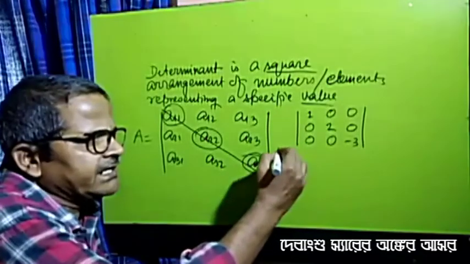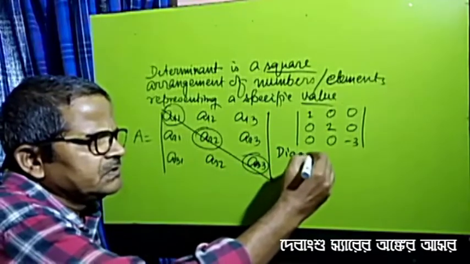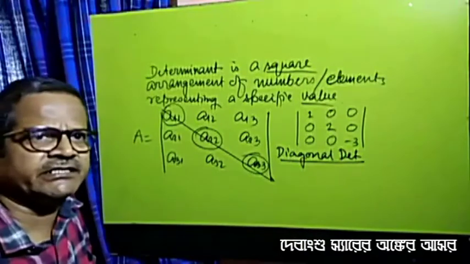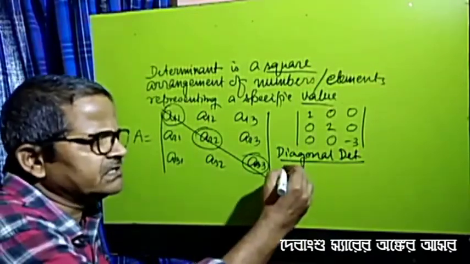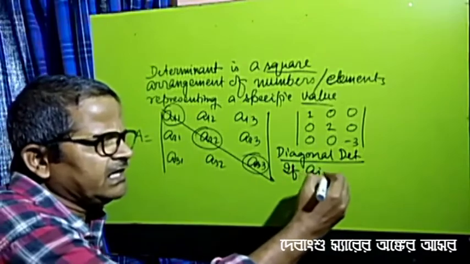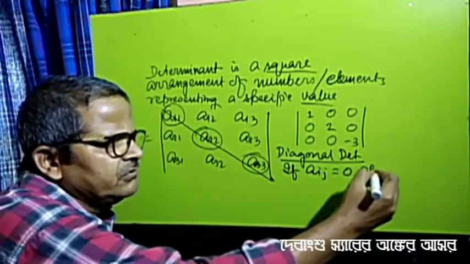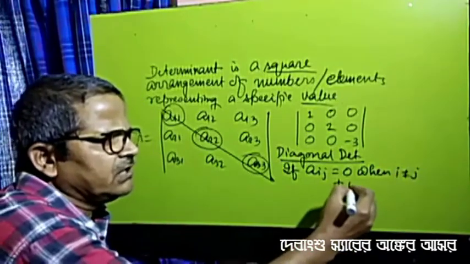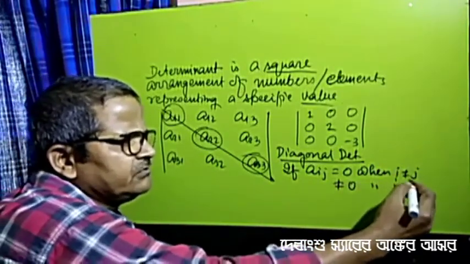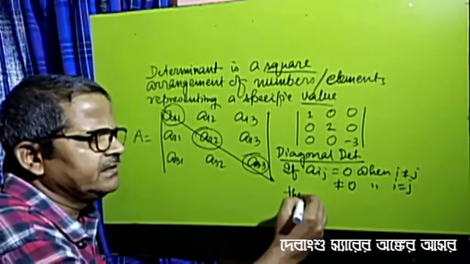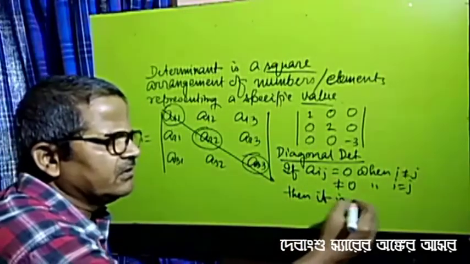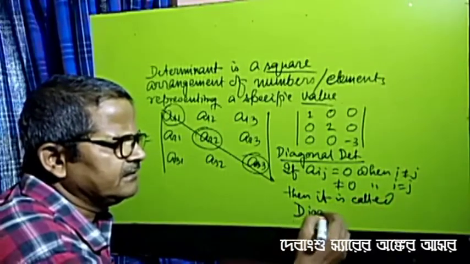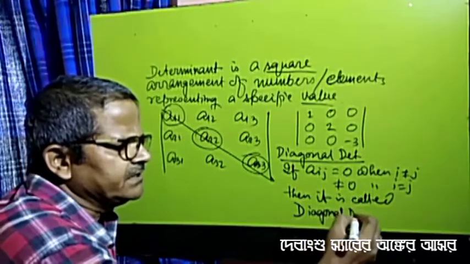So it is a diagonal determinant. What is the definition of a diagonal determinant? The definition says if Aij is equal to 0 when I is not equal to j, and not equal to 0 when I equals j, then it is called a diagonal determinant.